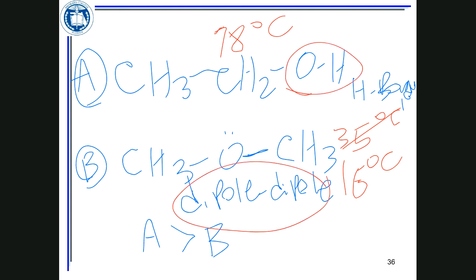So you look at the intermolecular forces for both of them, and if they are different, you go with which one is stronger. Intermolecular forces take the priority, they are the primary factor, not the secondary factor. I'm going to give you one more example.